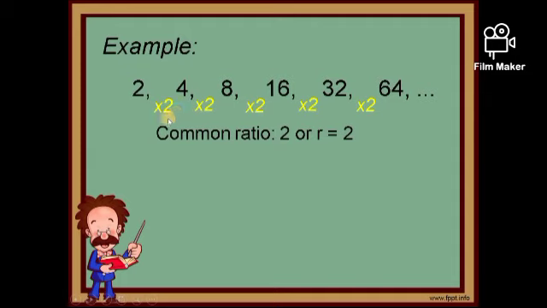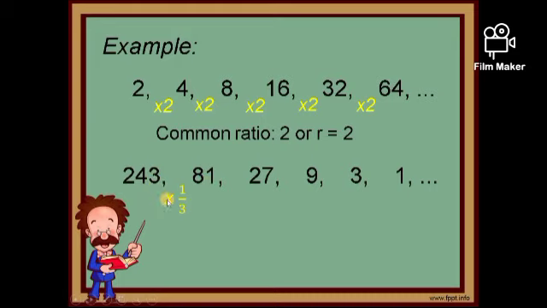Okay? So, how about the next example? 243, 81, 27, 9, 3, 1, and so on and so forth. Notice that 243 times 1/3, because 243 divided by 3 will give us 81.